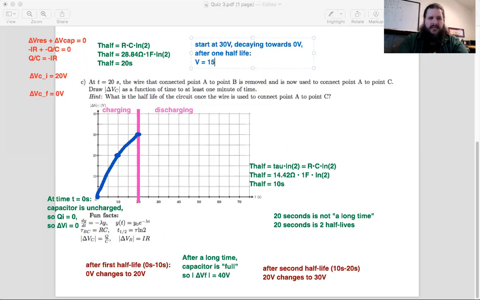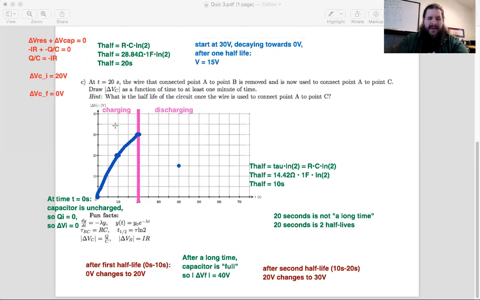Yeah. So 20 seconds later, which would be at 40 seconds, we're going to be at 15 volts. So we can put a marker there, 40 seconds, 15 volts.